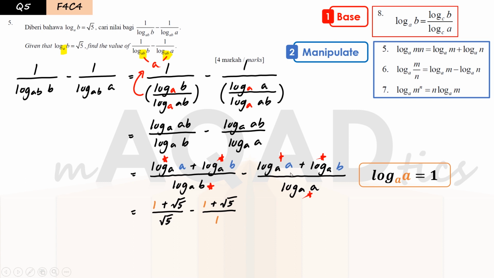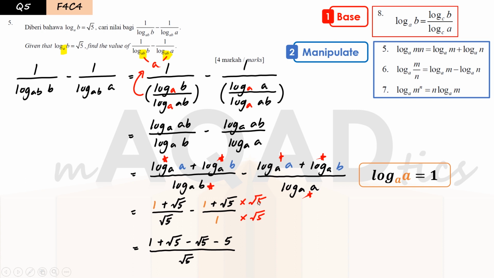Now we have successfully changed all of the logs to become values, and we just simplify the values here to form a simple answer. One of the ways that we can do that is to change the denominator to be the same for both fractions. The way that we can do that is to multiply the second fraction by square root 5 for the top and the bottom, so the denominator here will become square root 5.